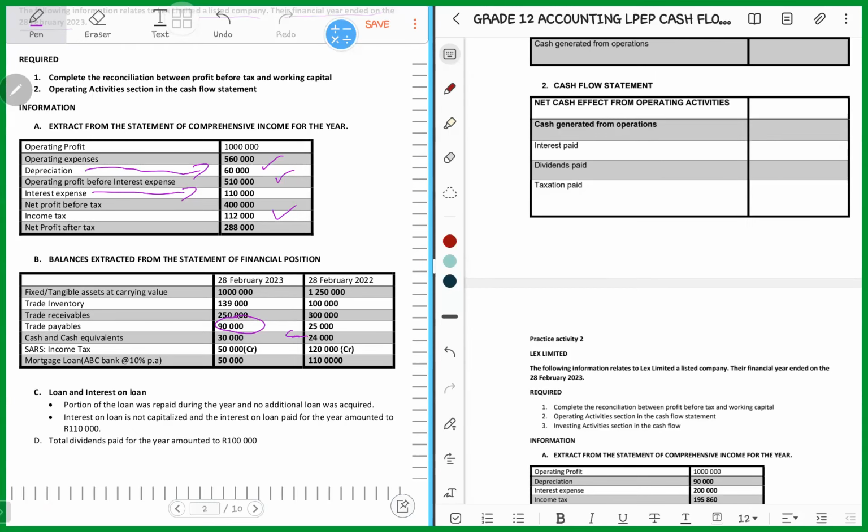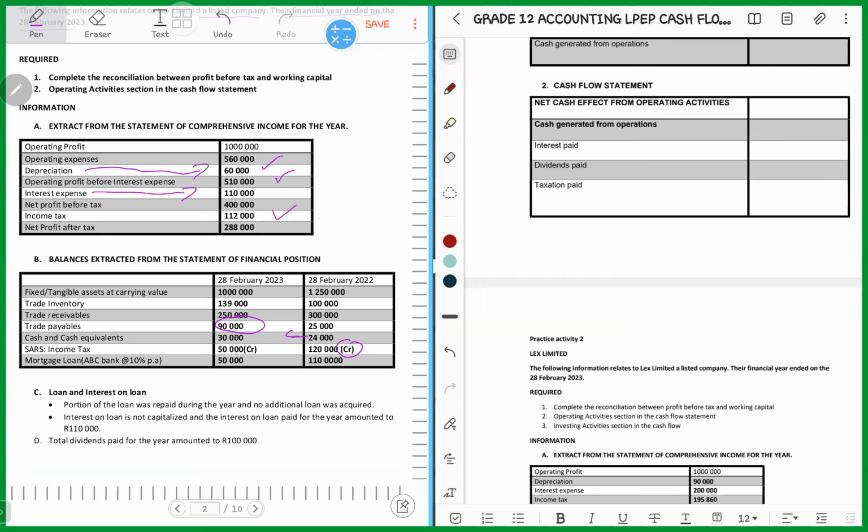Then again, we notice that there is SARS income tax. Now, from the previous year, they had a credit balance of 120,000. Then for the year ended, they also have a credit balance of 50,000. We are going to use the SARS income tax to calculate the taxation paid for the year. And tax paid is an outflow, so you should not be confused.